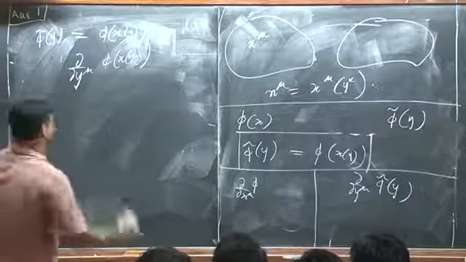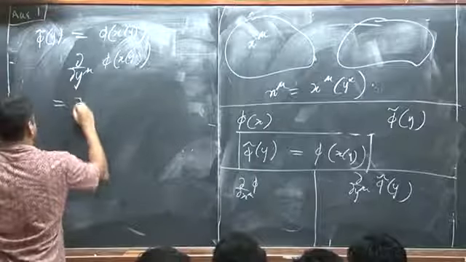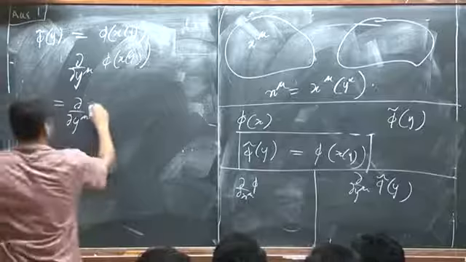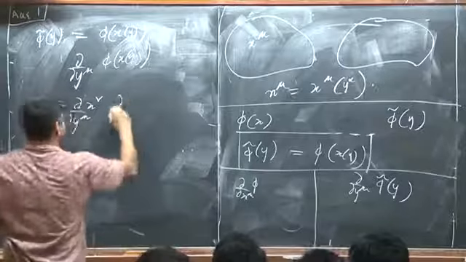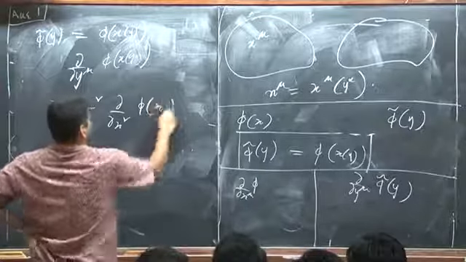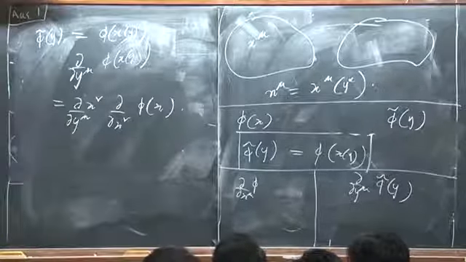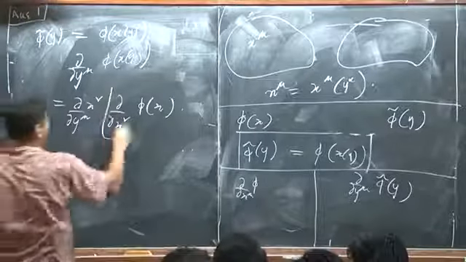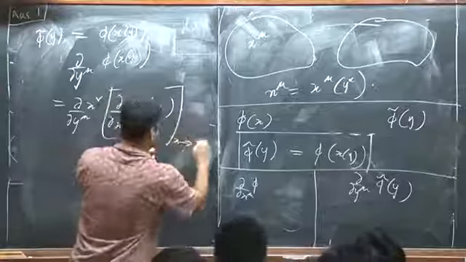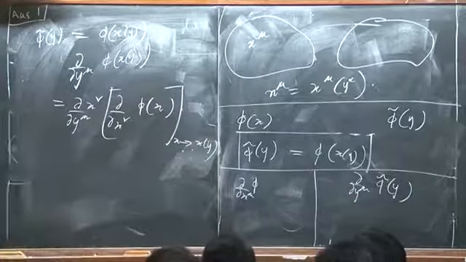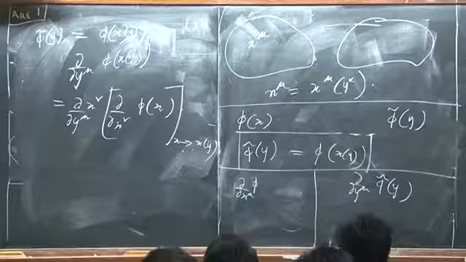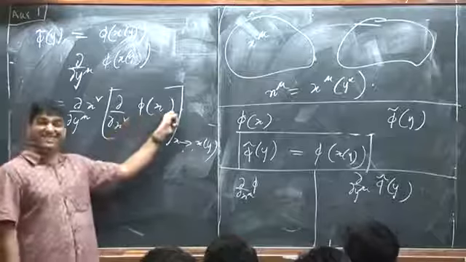By the chain rule it is equal to del x mu by del y mu times del by del x mu of phi of x. And then once we've taken the derivative, we start substituting x equals x of y, because we want the answer to be a function of y. Okay? But in taking the derivative, we regard this as a function of x.